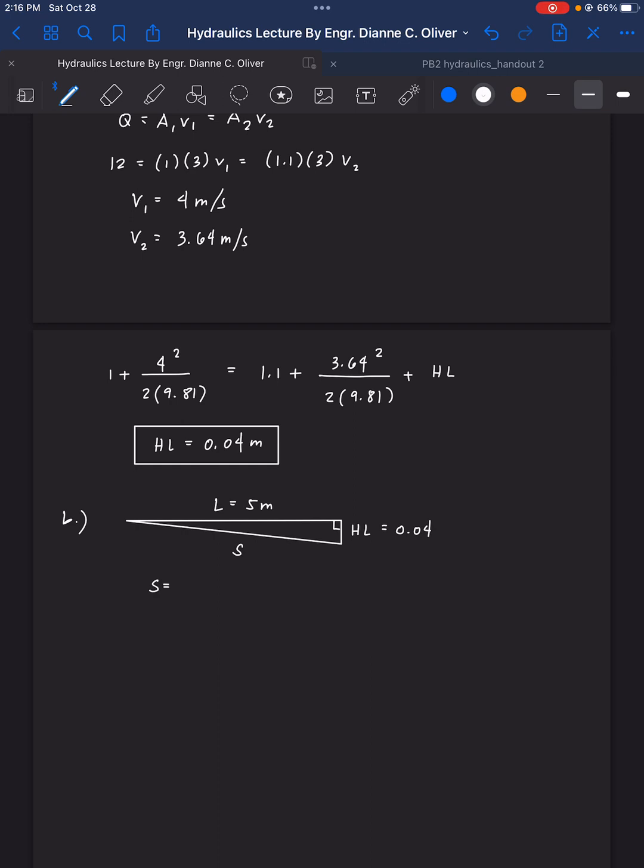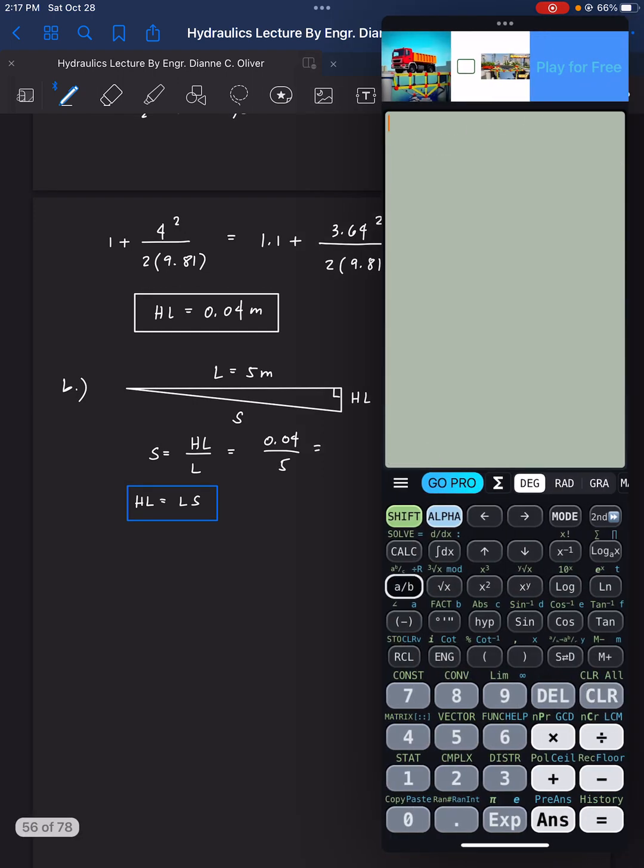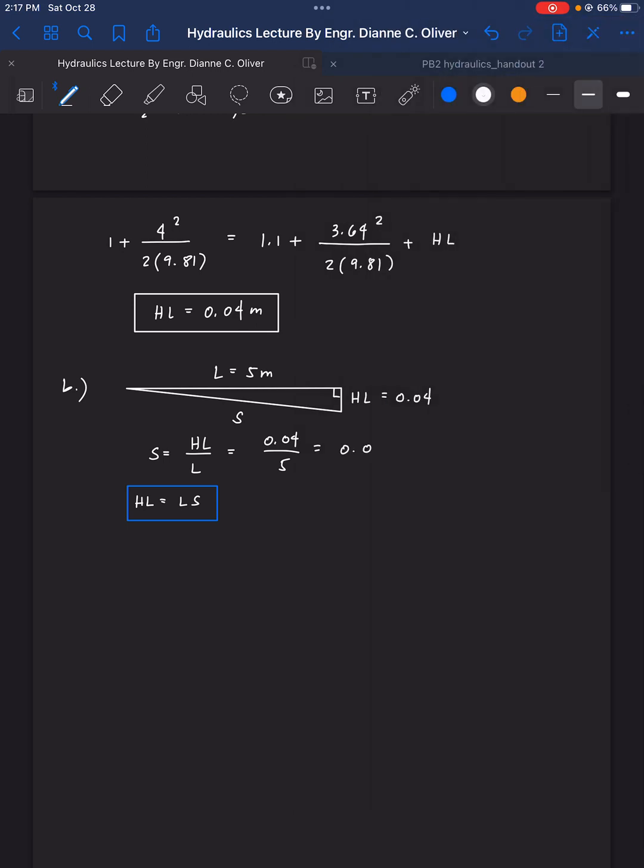So slope is equal to the rise over the run. Therefore, head loss is equal to L times S. That is actually a formula that can be useful. So slope is equal to head loss of 0.04 divided by 5, which is 0.008. That's the value for slope.